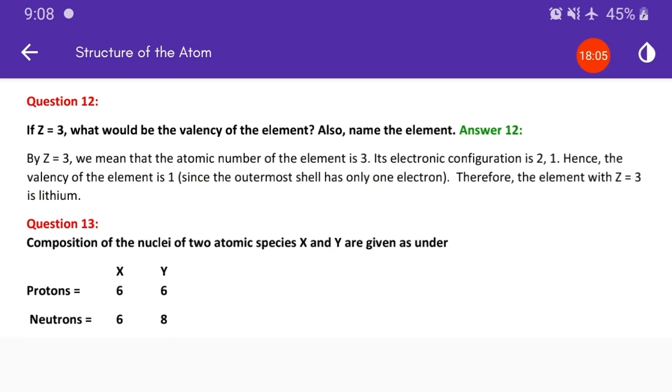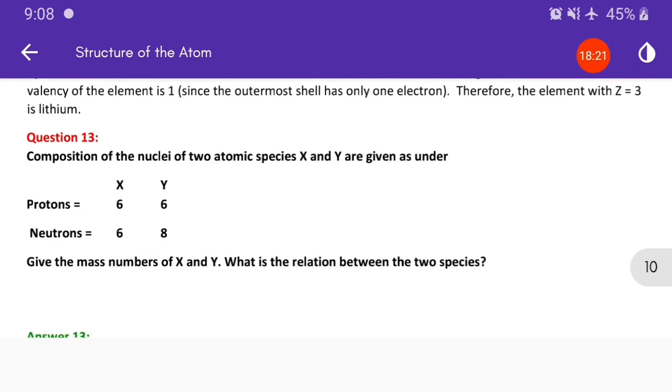Therefore the element with Z equal to 3 is lithium. You will see hydrogen, beryllium, lithium, like that. So it comes at the third atomic number.